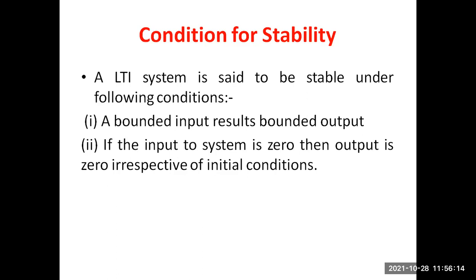With respect to the input, there should be some output. If we are switching off the input, the output should obviously be 0. There should not be some external input, or if at all there is an initial condition on the system, that will not affect the system output.